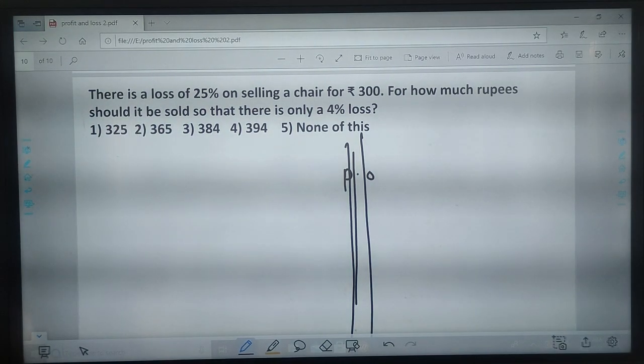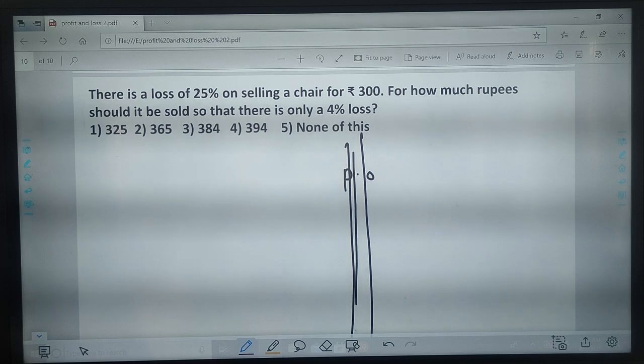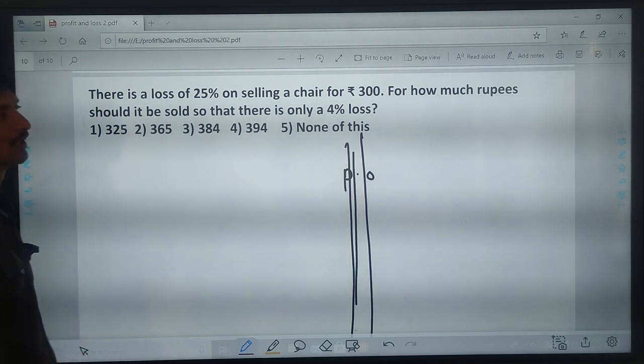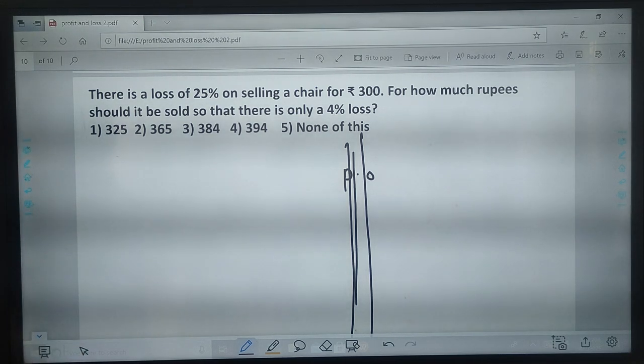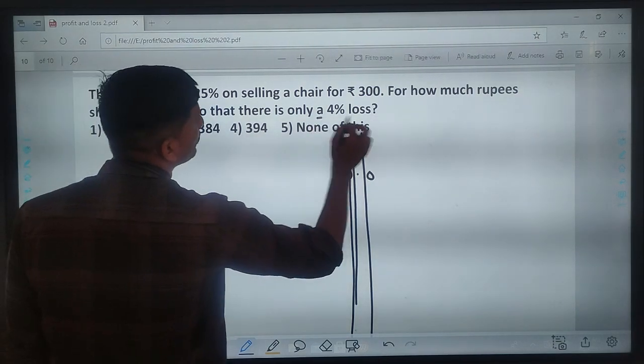There is a loss of 25% on selling a chair for 300 rupees. For how many rupees should it be sold so that there is only 4% loss?